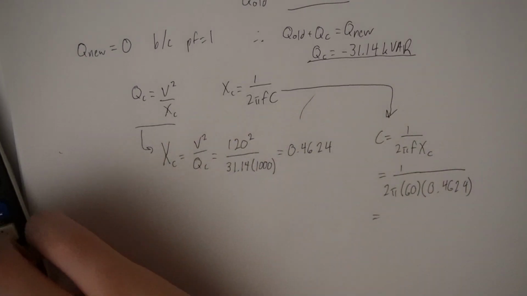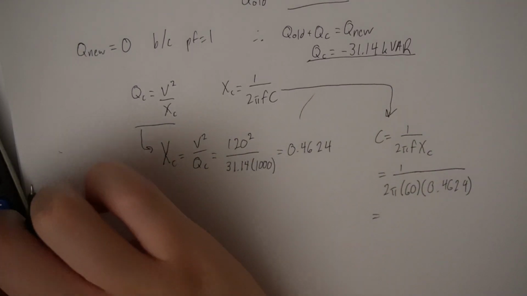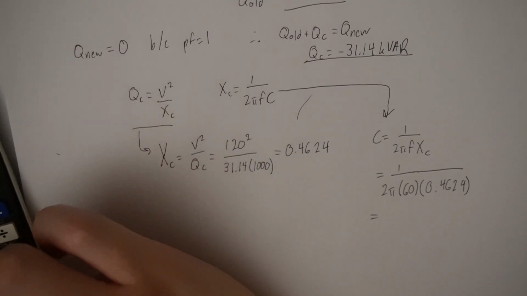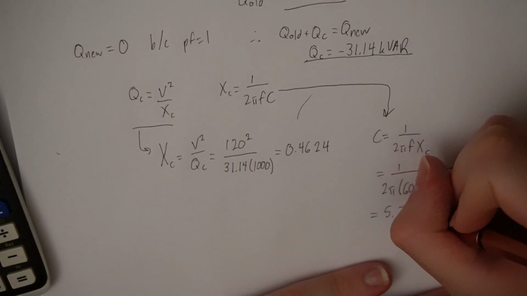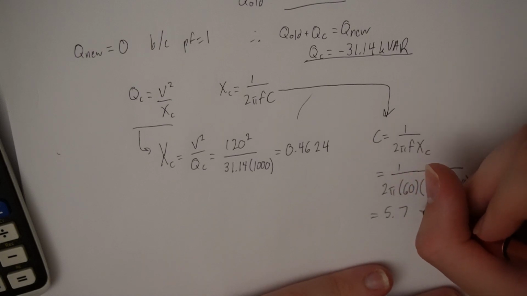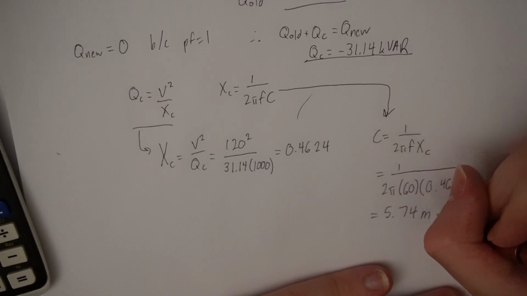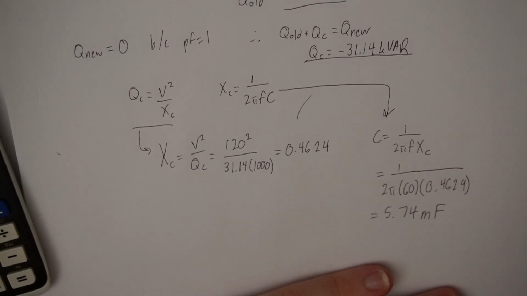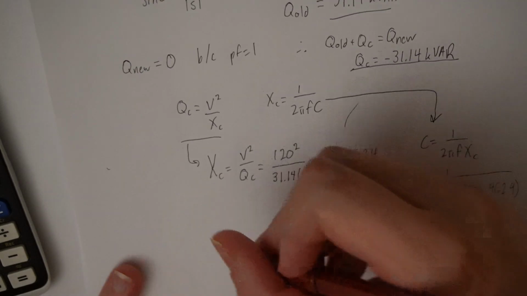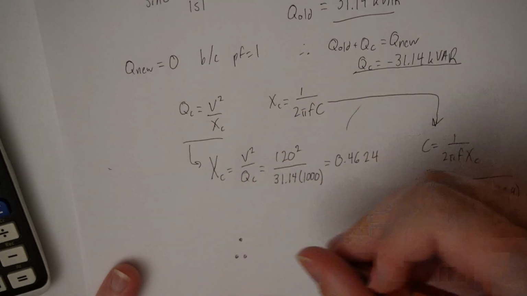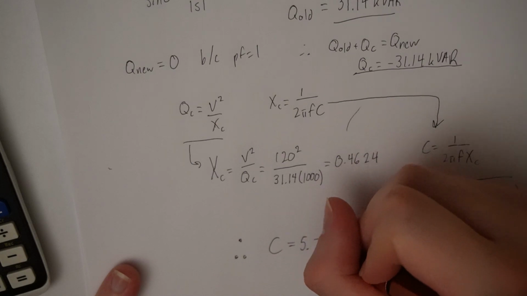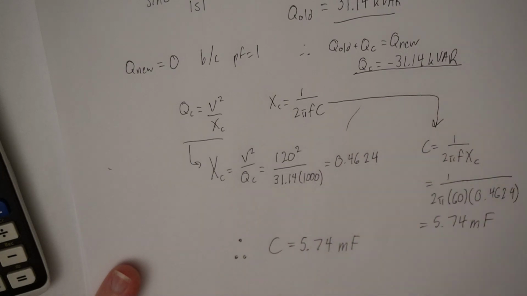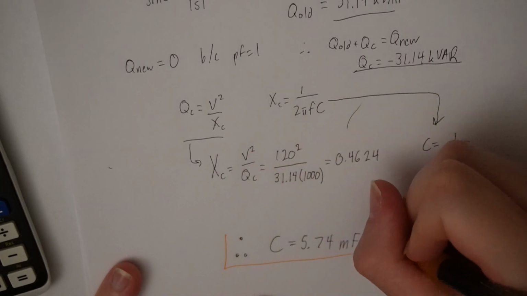This all equals 5.74 millifarads. So I need a pretty big capacitor. Therefore, C equals 5.74 millifarads. There's my final answer for part B.